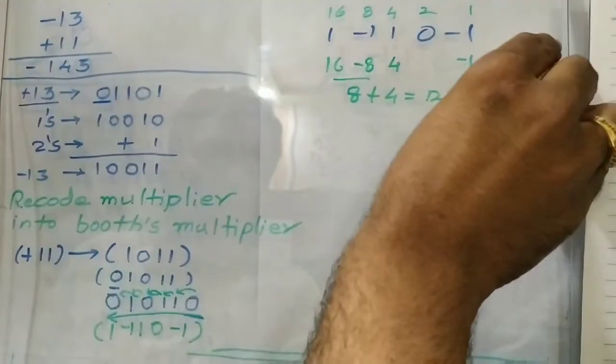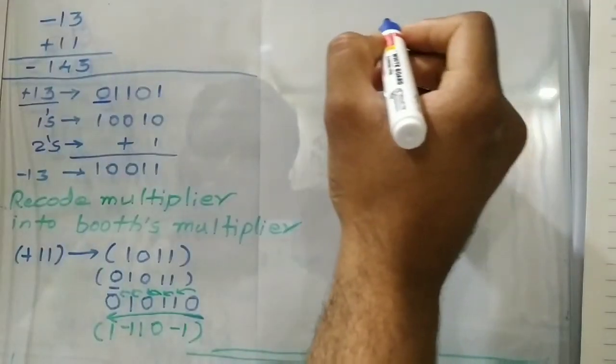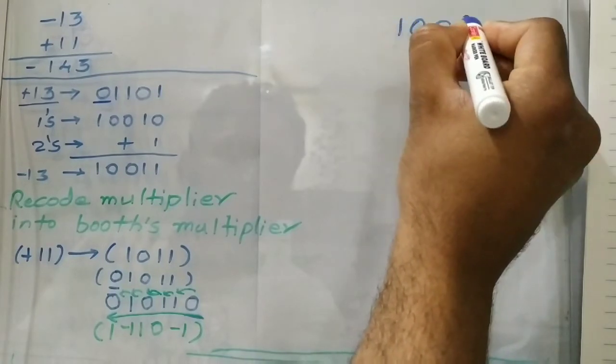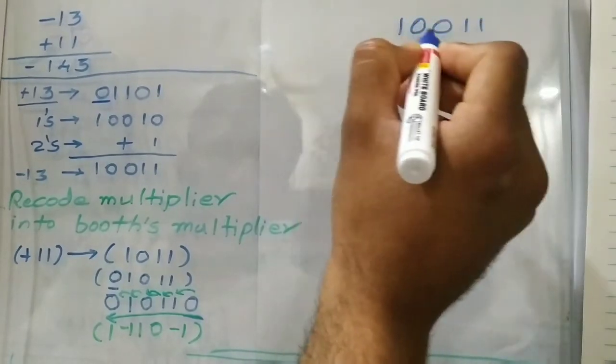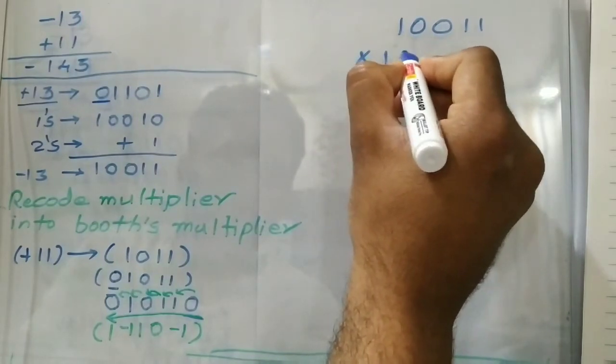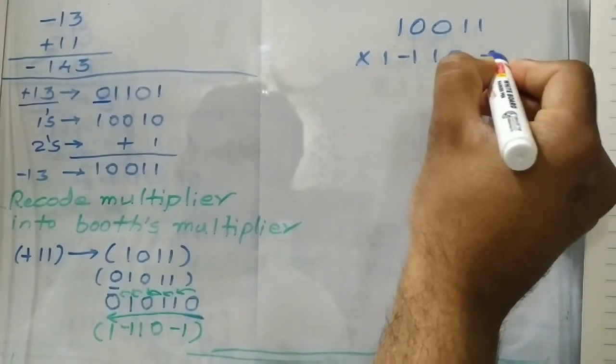Okay, I will write this, and now we can multiply 1 0 0 1 1 by our recoded multiplier, which is 1 minus 1 1 0 minus 1.